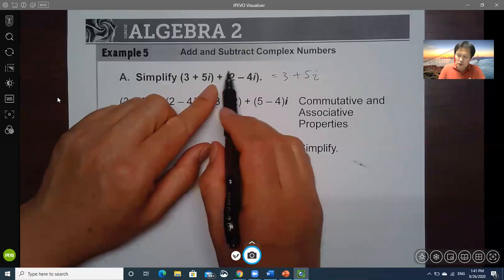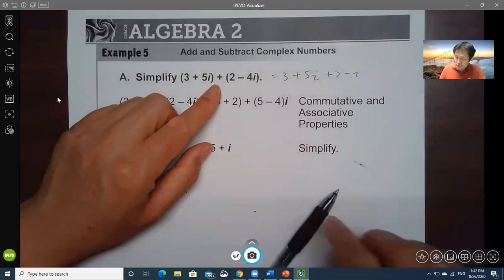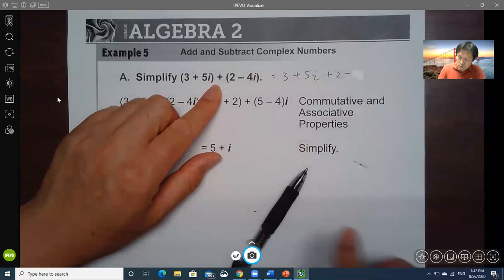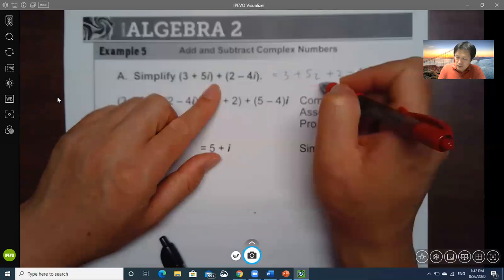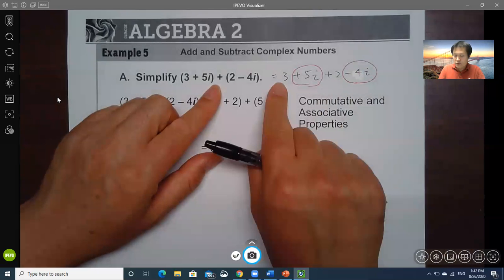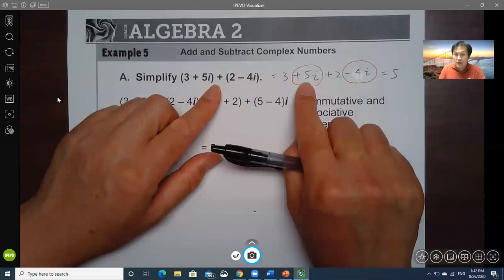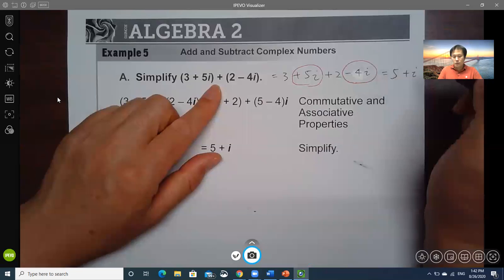Distributing 1 doesn't do much, so rewrite everything without parentheses. Yes i, yes i, no i. So 3 plus 2 makes 5. Yes i, 5 minus 4 makes plus 1i. 1 you don't have to write.